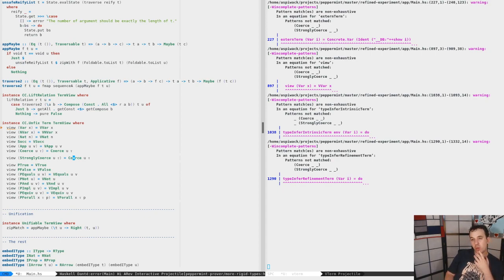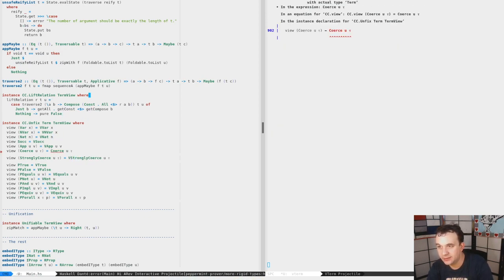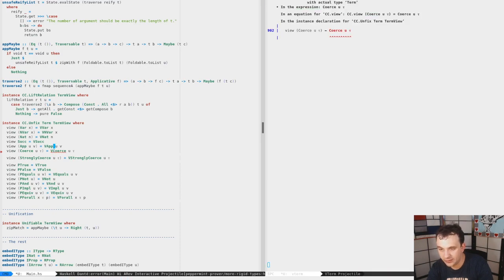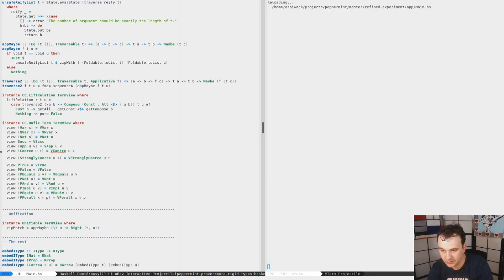So what if I just didn't do that? Like, that's correct, but I think the general idea is that I don't recurse under terms in strongly coerce.